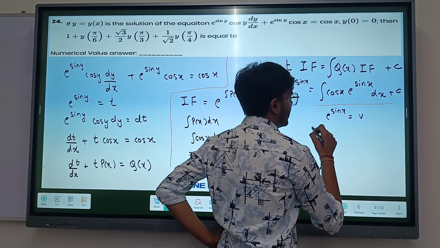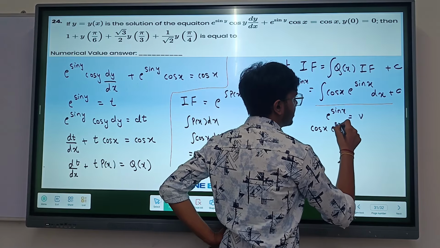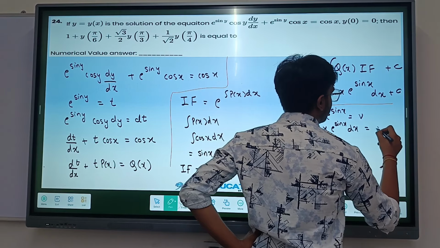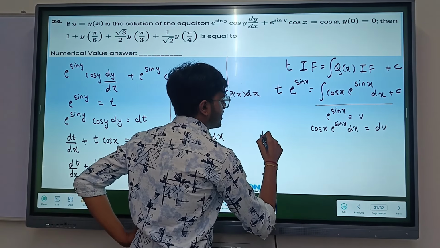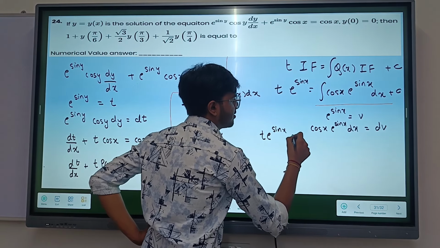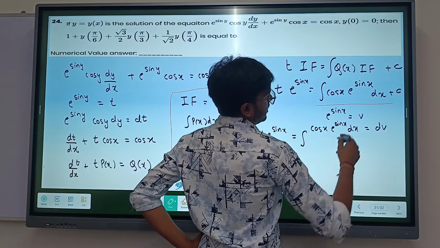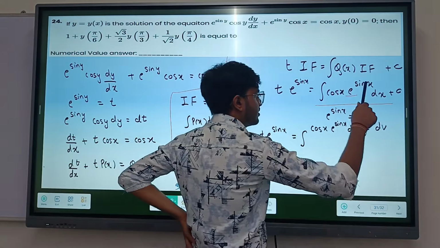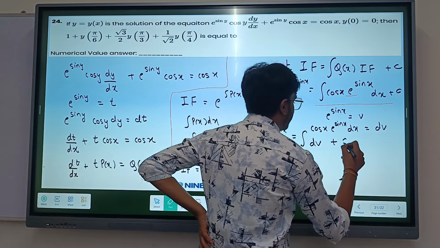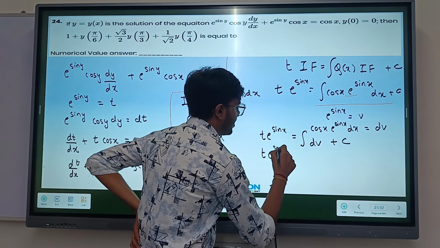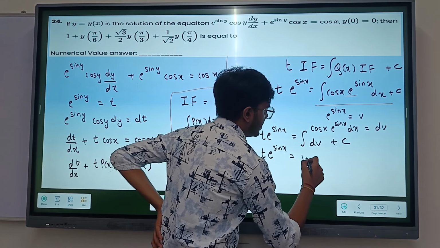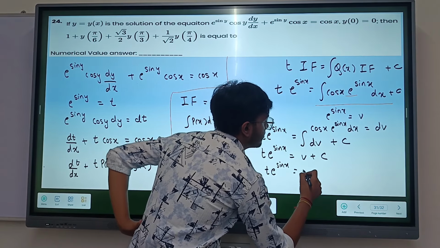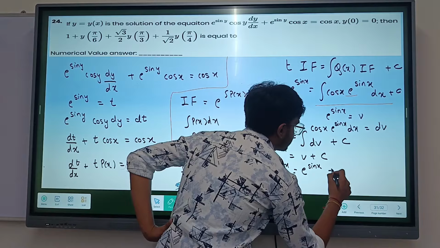Differentiation of e power sin x is cos x e power sin x dx, which will be equal to dv. So t e power sin x equal to integration of dv plus c, so t e power sin x equal to v plus c, which is e power sin x plus c.